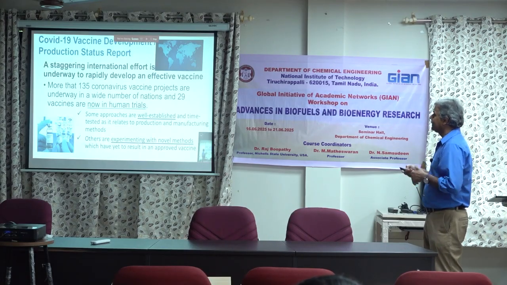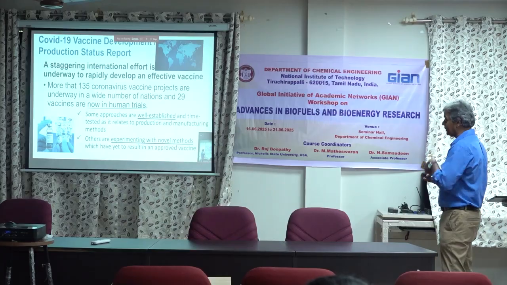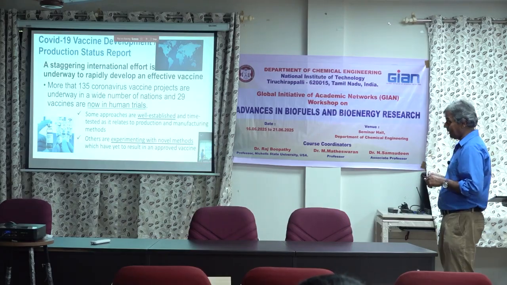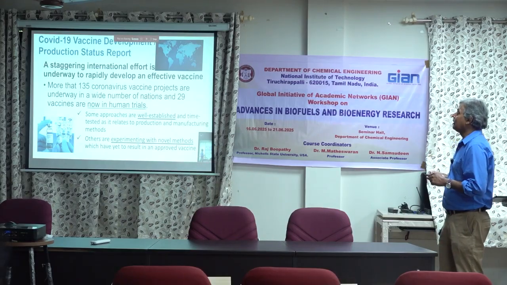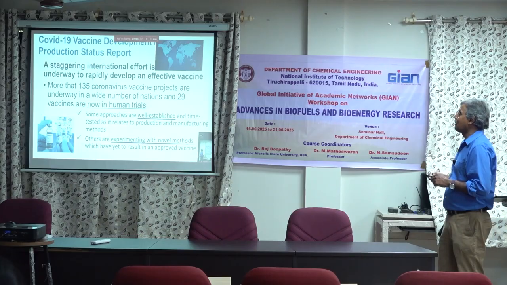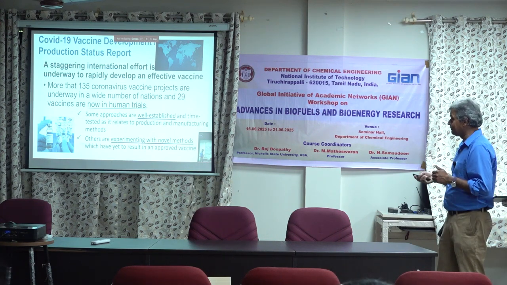So these are some of the information about a lot of effort being made. More than 135 coronavirus vaccine projects are currently underway because the coronavirus has so many variants. So you can alter the code to fit the right vaccine for the right product.